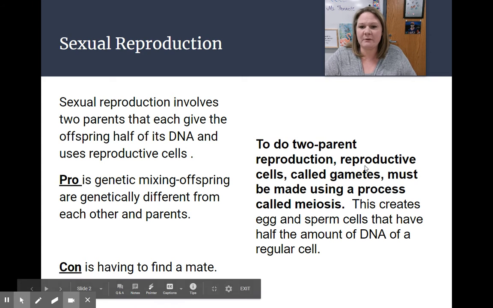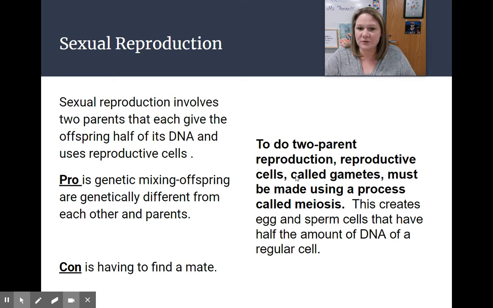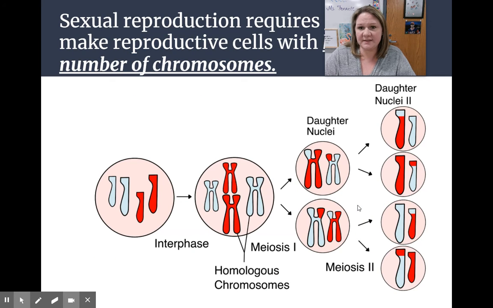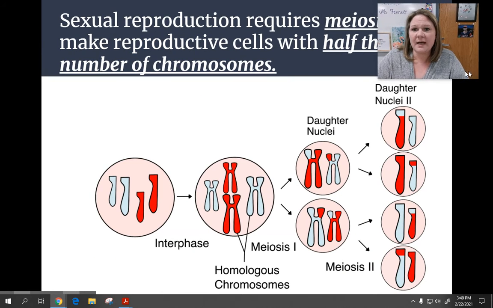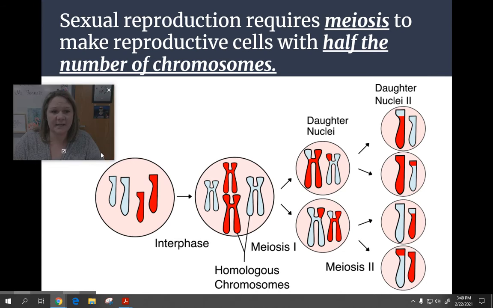To do two-parent reproduction, we have to first form reproductive cells. The fancy word for reproductive cells is gametes, and they're formed during a process called meiosis. This creates egg and sperm cells that have half the amount of DNA as a regular cell. So just to explain this a little more, this is the process of meiosis.